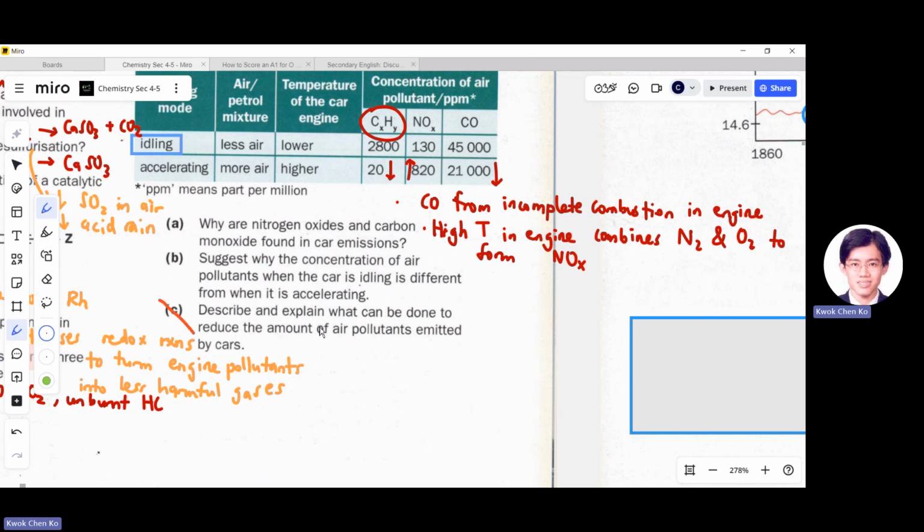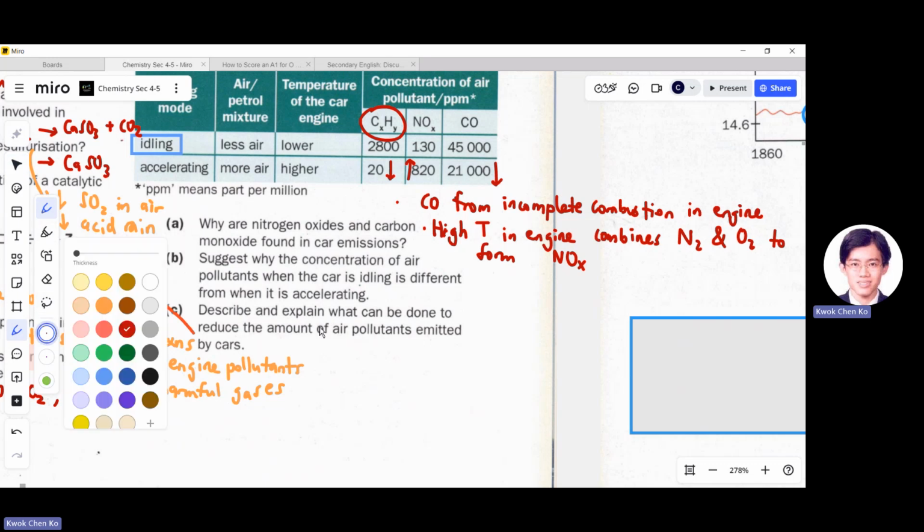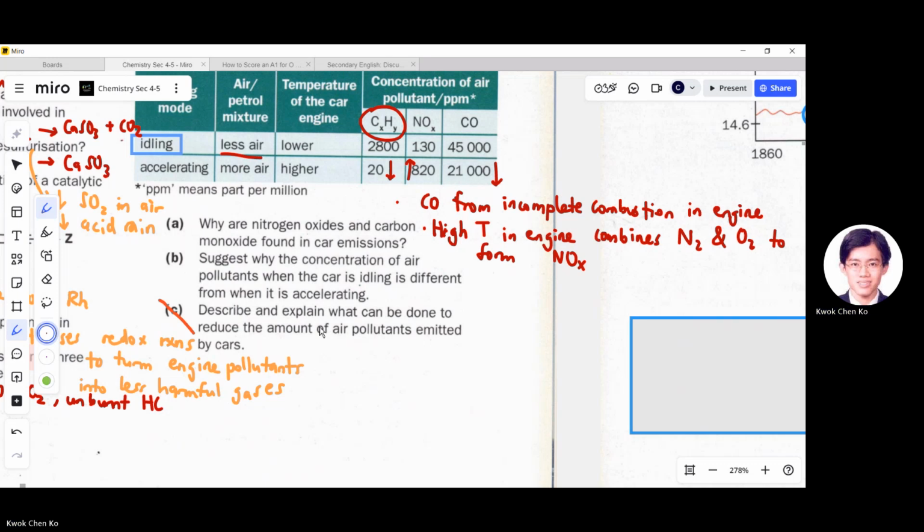Of course, guys, don't waste the other data too. Notice idling, less air. Accelerating, more air. More air means what? Yes, more oxygen, and of course, it will tend to have more complete combustion.